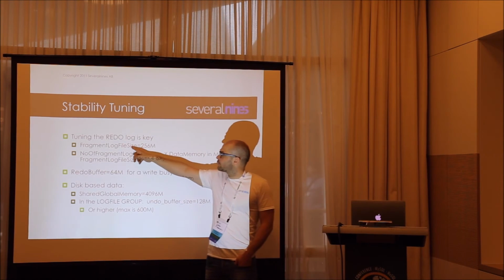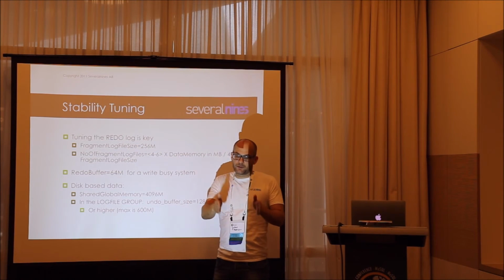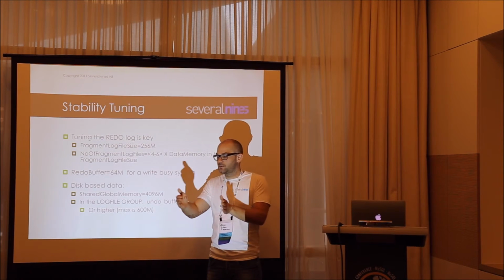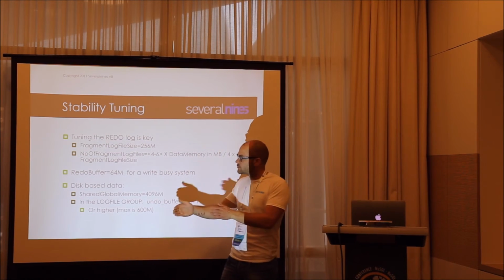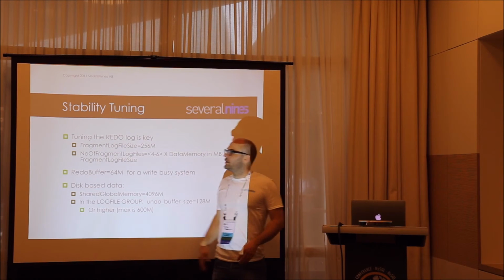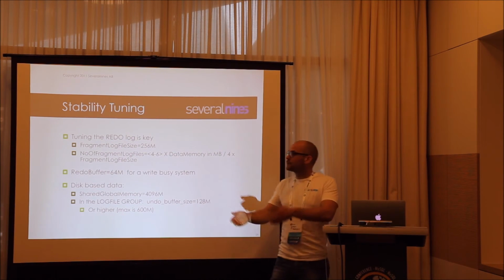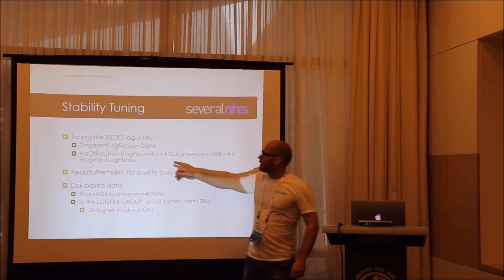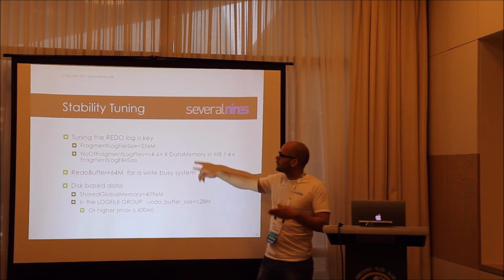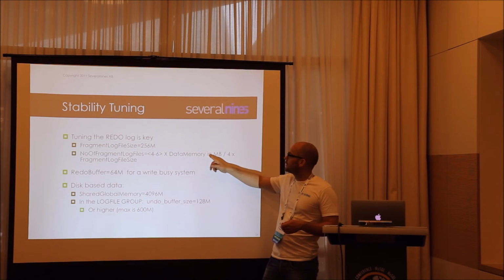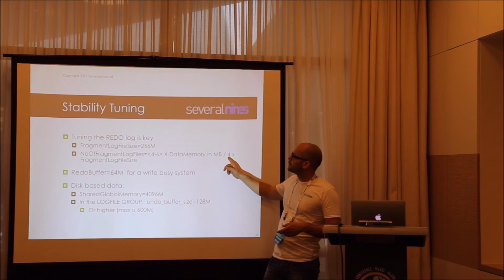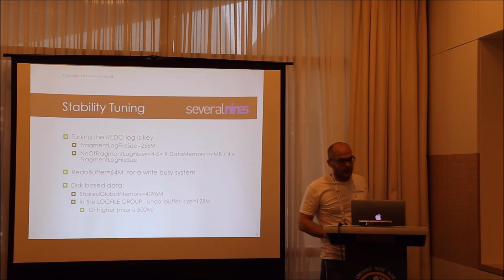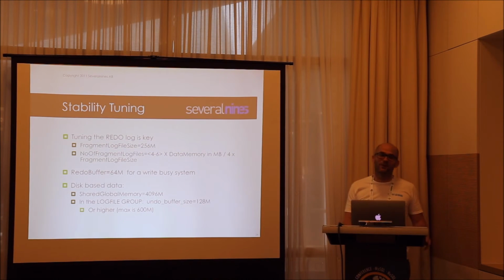One is called fragment log file size, which decides how big one redo log file should be on disk, and then how many of them you want to have. You multiply 4 to 6 times the amount of data memory you have in megabytes, divided by 4 times this number, and you get a good sized redo log.